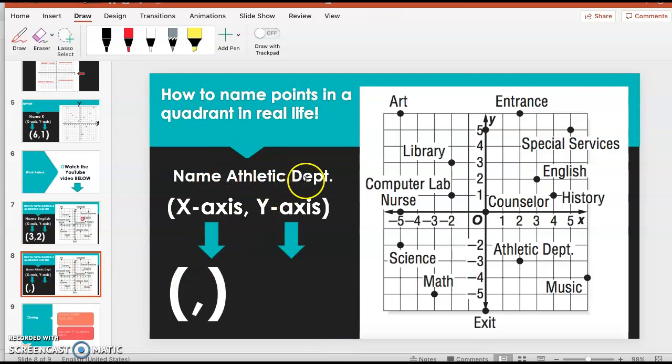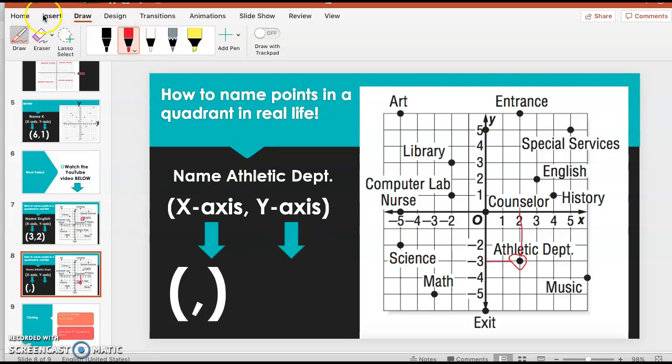Let's find the athletic department. That would be sort of like a gym, okay? So let's find the gym. We're going to take our red and let's see if we can find athletic department. I see it over here. It's this dot, okay? So we see that the x, it looks like the x is on 2, right? And we know that our y, -3.